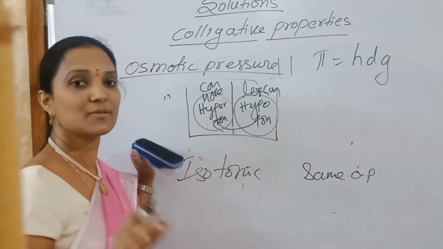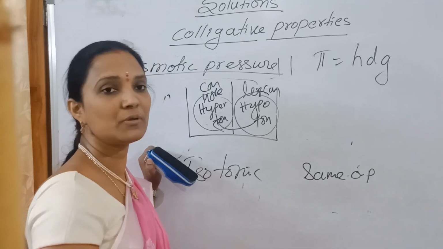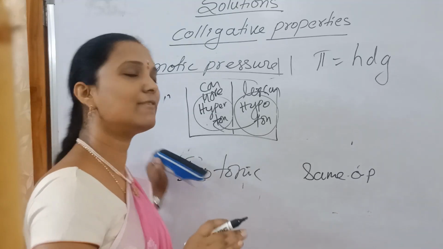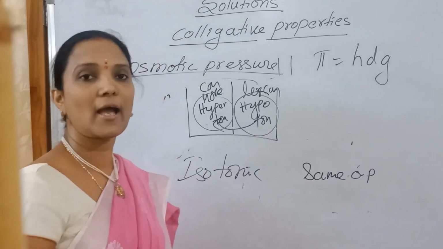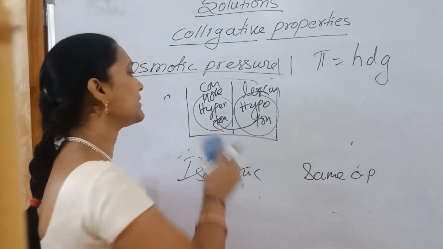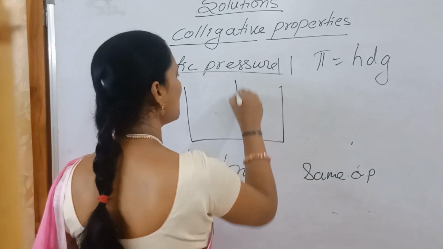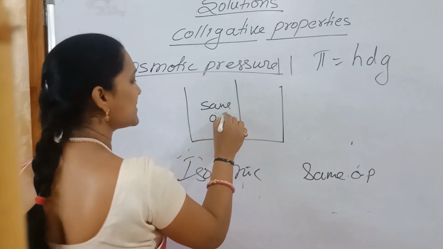So how to answer this question? Flow of solvent from hypo to hyper. How? That is a less concentrated, it is a more concentrated solution. So always flow of solvent takes place from hypotonic solution to hypertonic solution. Okay. If isotonic is given, both have the same osmotic pressure. Same osmotic pressure, nothing but same concentration.